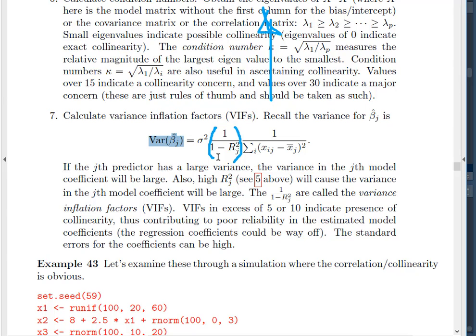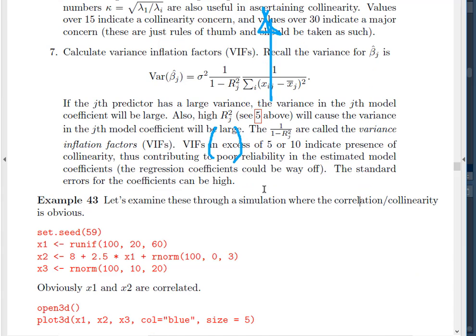It'll be high. This is what leads to your standard errors being too large and your confidence intervals for your betas being too large. Variance inflation factors, or VIFs, in excess of, say, 5 or 10, again, this is also just a rule of thumb, but this will indicate possible presence of multicollinearity. Next, we'll take a look at an example.